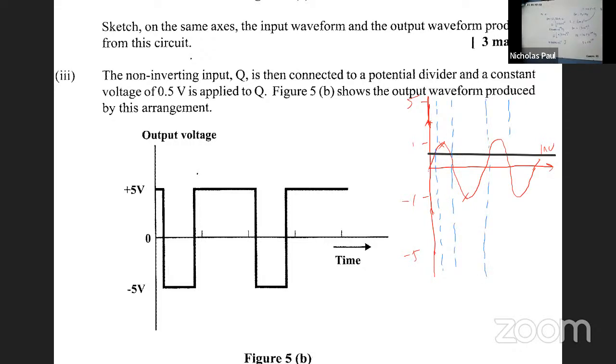And check and see if your output is identical to what you see in there. Your output is supposed to look like the one in black.